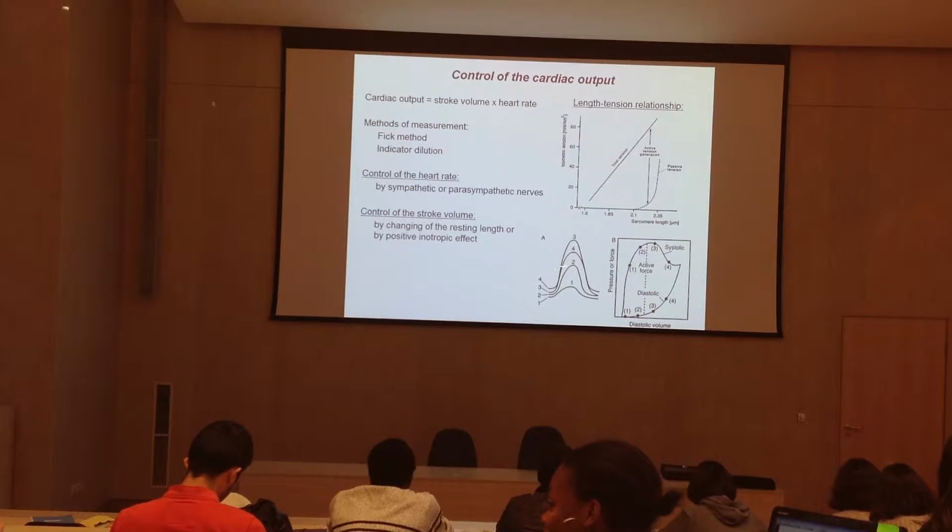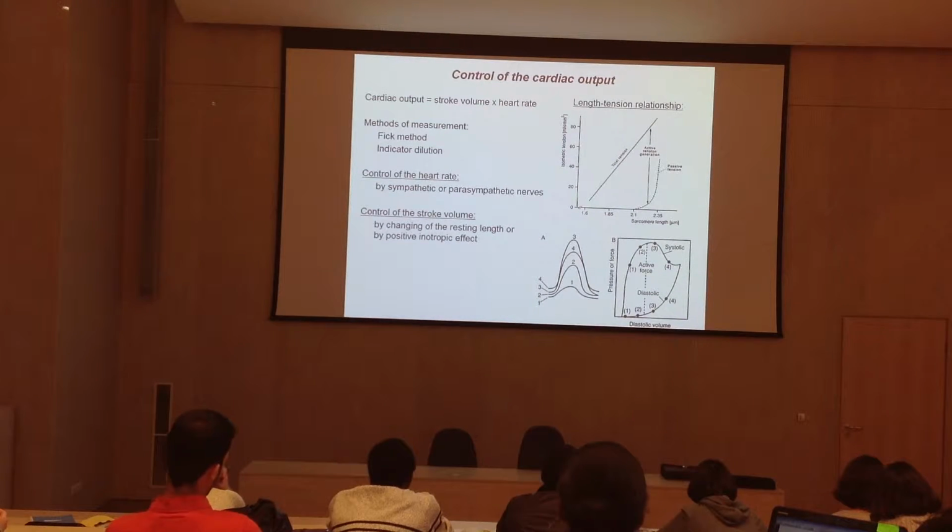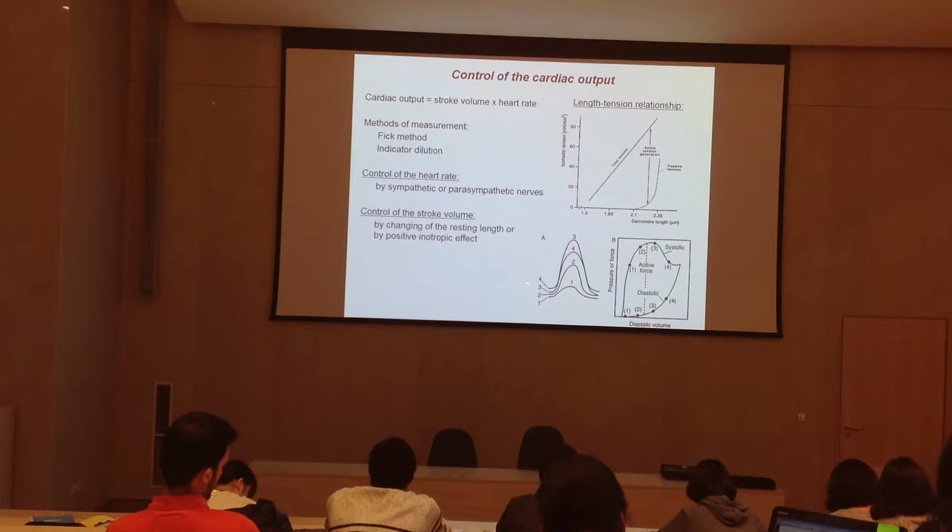This figure, this part of the figure, shows the result of an experiment, very interesting. The first record is a contractile response where the sarcomere length is very small, and there is a certain contractile response. In the second case, the sarcomere length is longer, we stretch the muscle fiber a little bit more, and the contractile response is much, much larger.